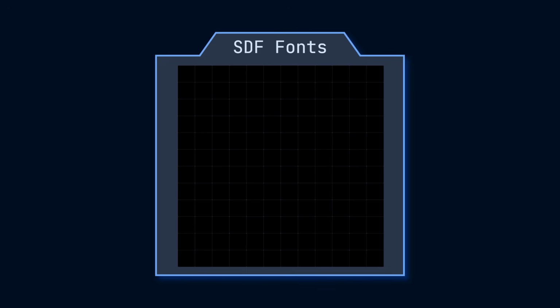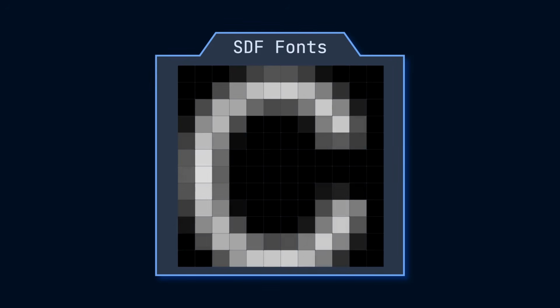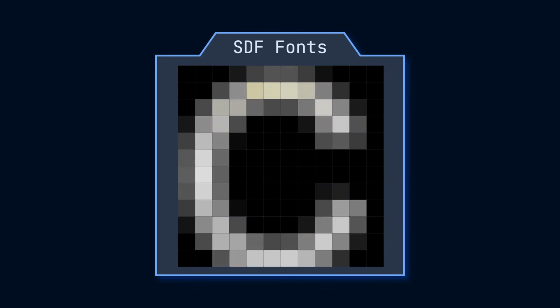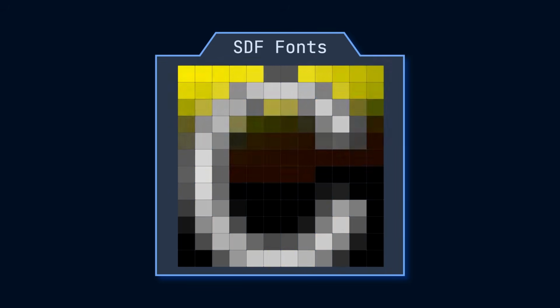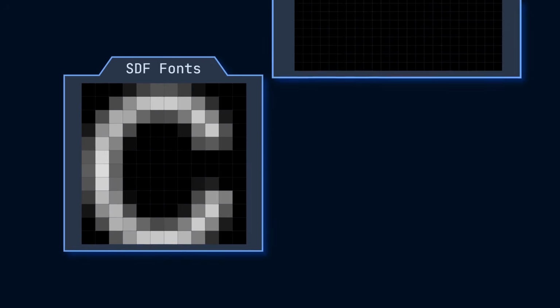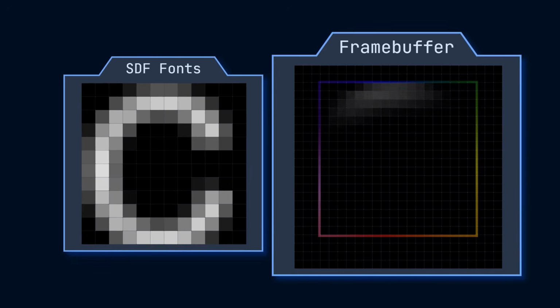But instead of the pixels storing a color value, they store a value proportional to the distance to the nearest edge of the glyph. Pixels near the glyph's edge are around 0.5. Inside the glyph, we get values from 0.5 to 1, whereas outside the glyph, we get values from 0.5 to 0.